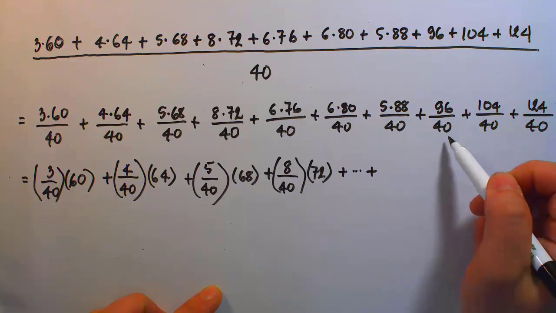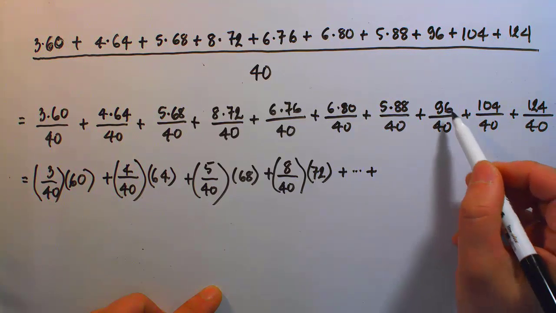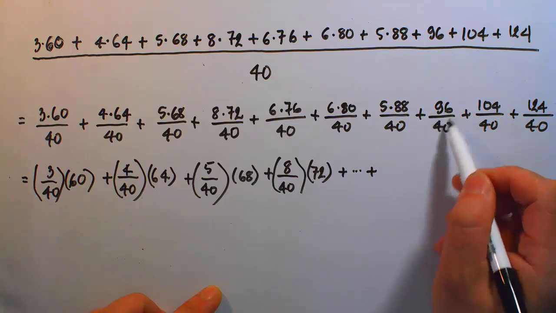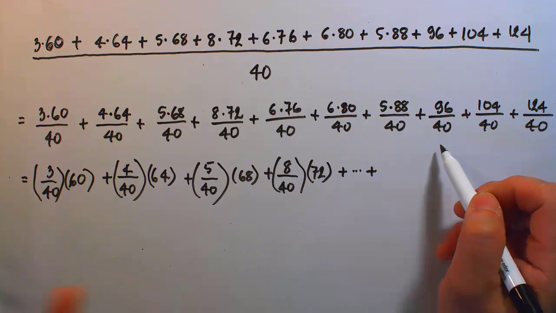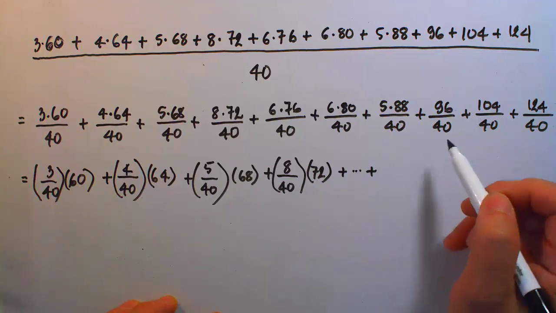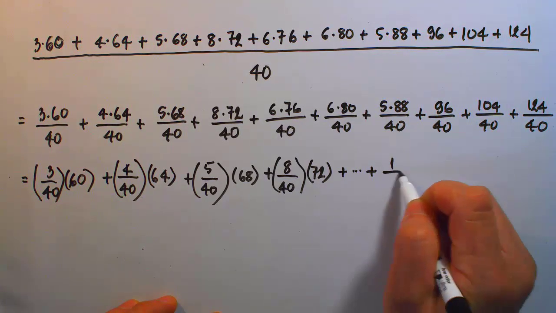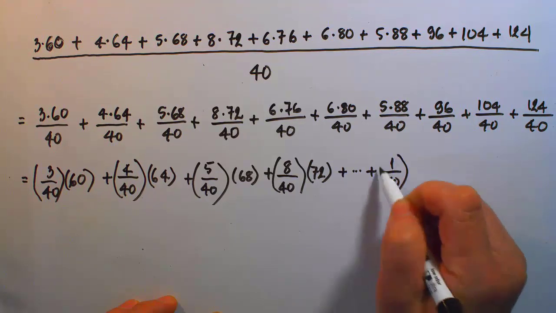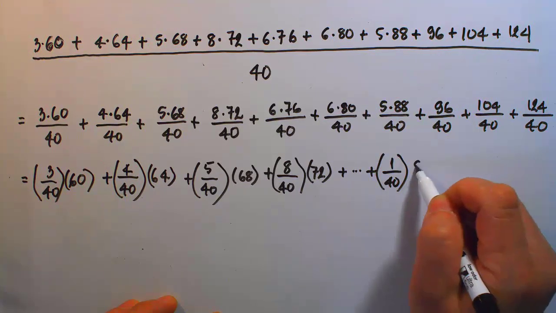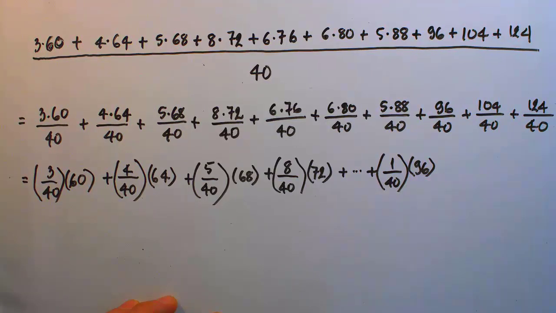So 96 out of 40, really the frequency for 96 is 1. Even though that fraction is already one fraction, I am going to purposely rewrite it as 1, the frequency of 96, over 40, so 1 over 40 multiplied by 96, the value.